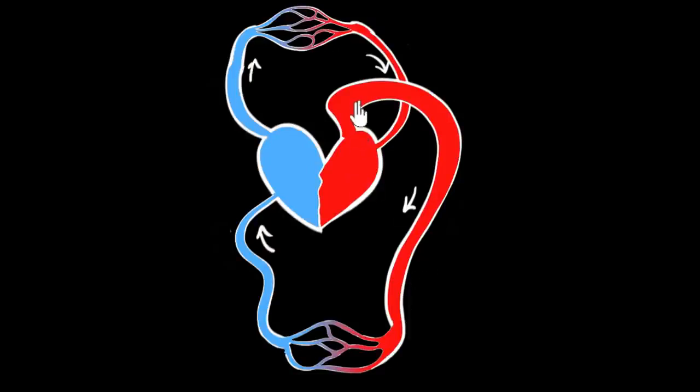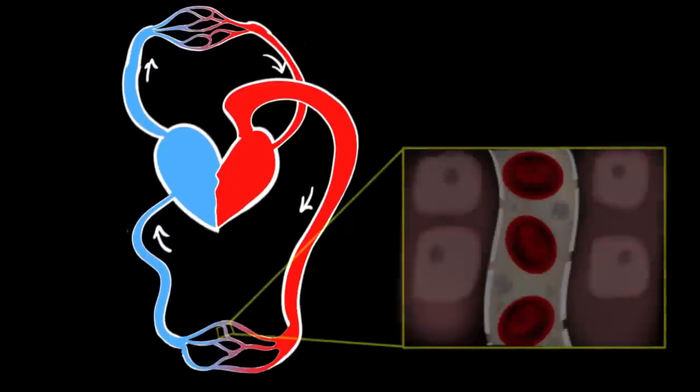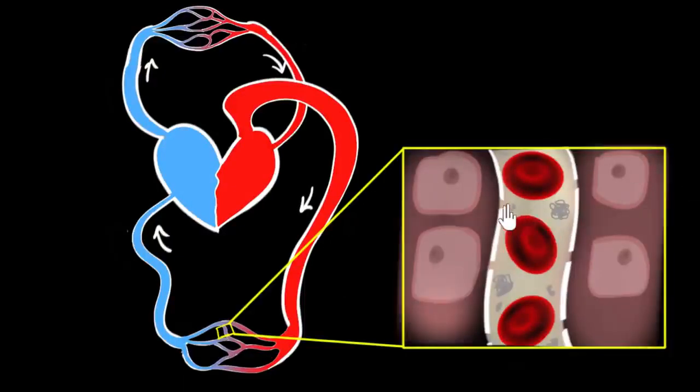The first thing is, remember that the blood inside the arteries, the vessels that take the blood away from the heart, so this one and this one, they are under pressure, right? Because as the heart squeezes, the blood is under pressure, which means the blood is pushing on the walls of these arteries. And another thing to focus on is that if you were to zoom into these capillaries, so if you were to look at one of those capillaries, then we see that the walls of the capillaries have holes in them.